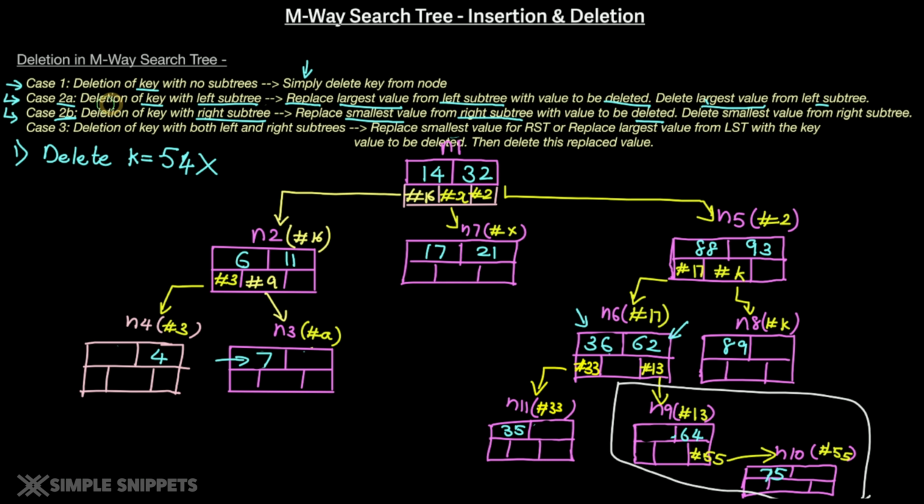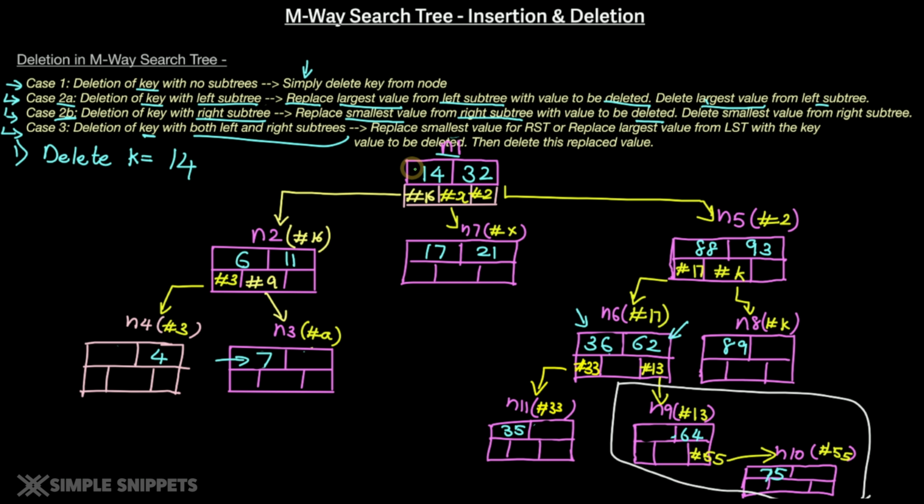Correct? Alright. Now the last case is where you want to delete a key with both left and right subtrees. So let's take an example of N1. Node N1, and let's say you want to delete key 14.